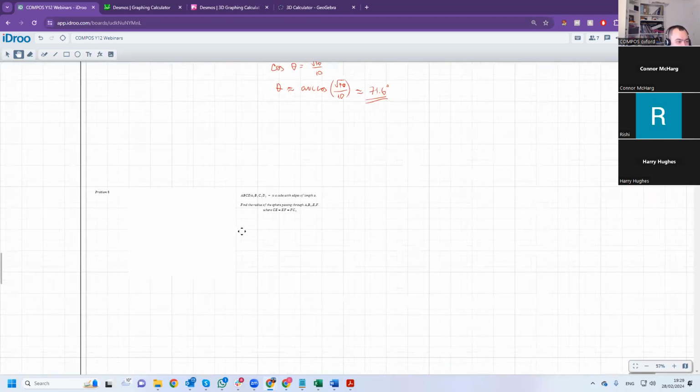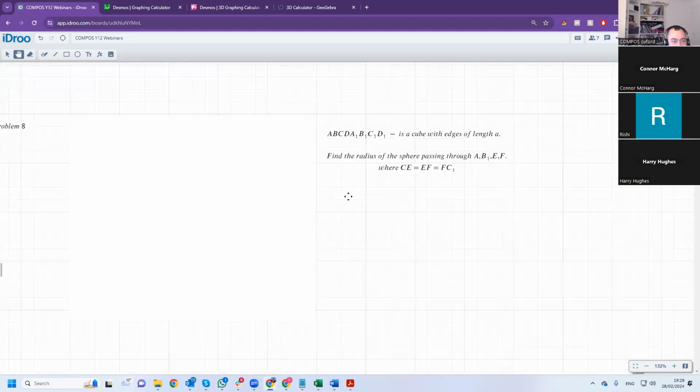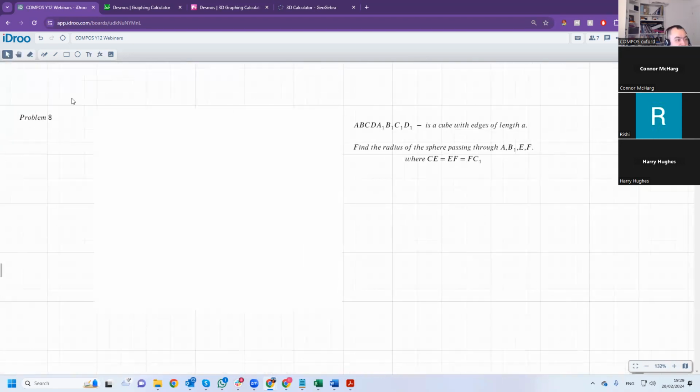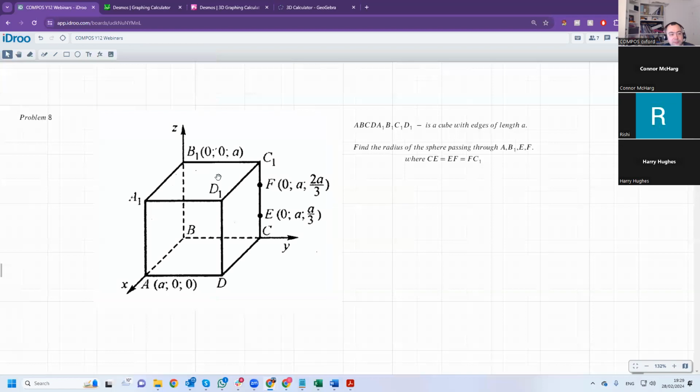The last thing, I don't have enough time to finish it, but what happens is: find the radius of the sphere. So we have a cube. Find the radius of the sphere passing through A, B1, E, and F. So there's a sphere which we don't know how it looks like, but we know that it passes through these 4 points.